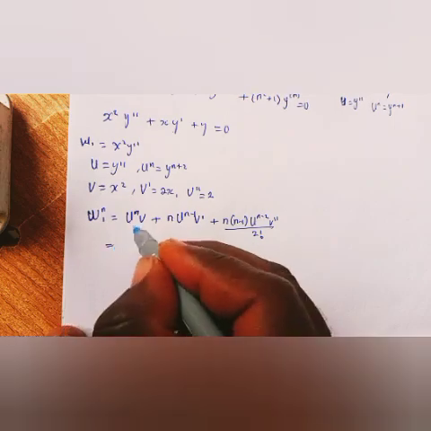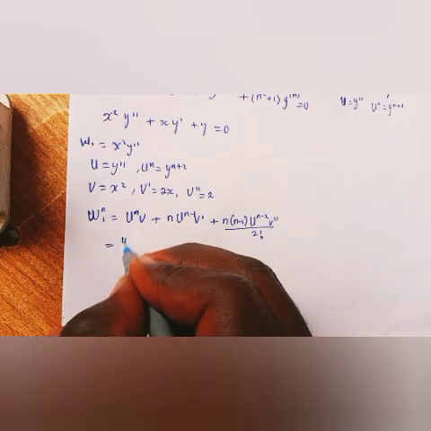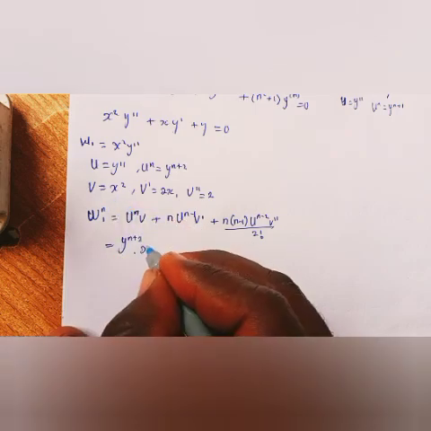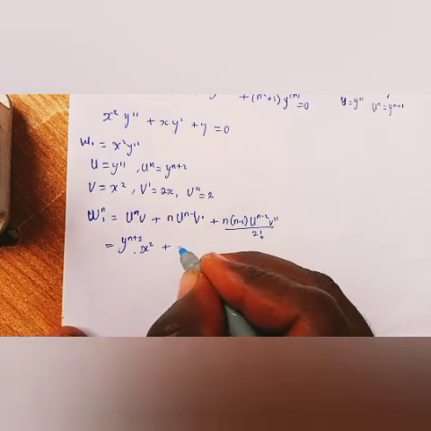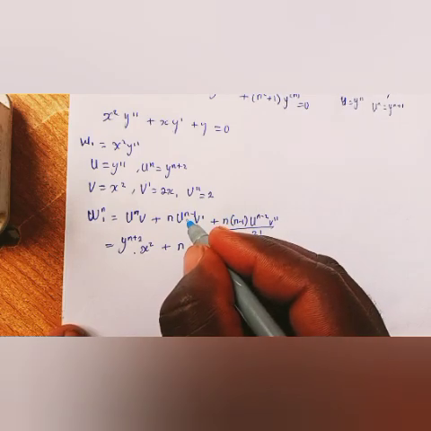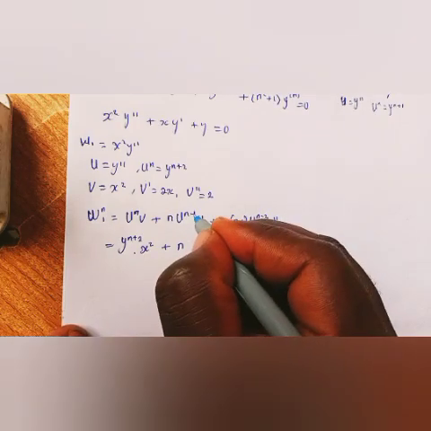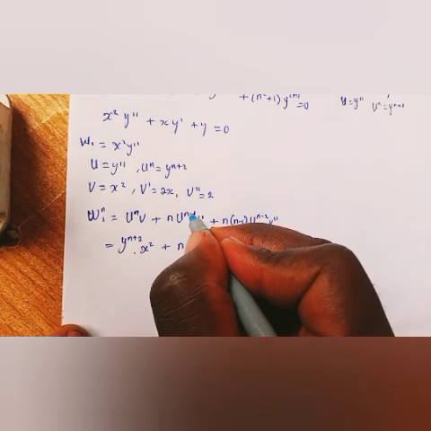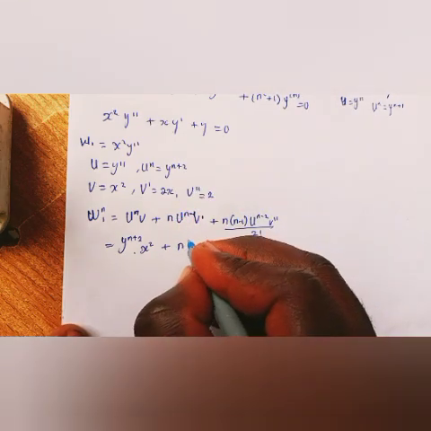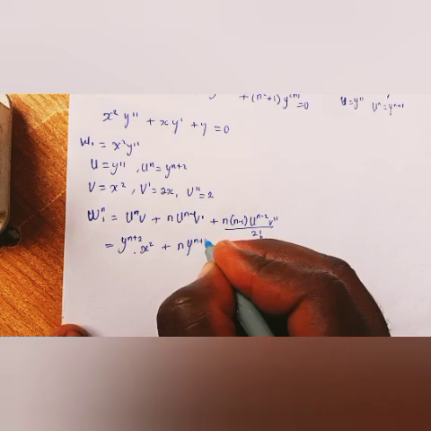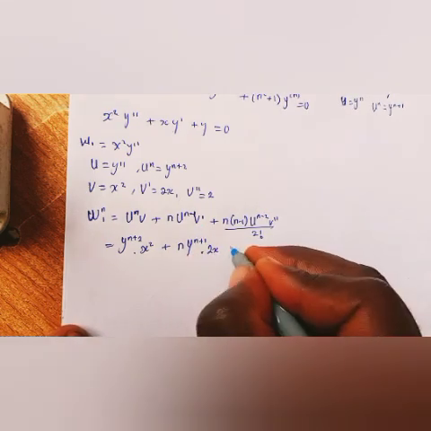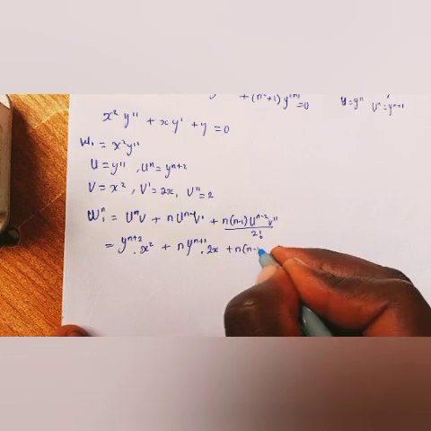Now my uⁿ equals y^(n+2) dot my v, which is x², plus n. Now u^(n-1) means that we should minus 1 from the power that we have here, so we have y^(n+1). My v1 equals 2x, plus n(n-1).